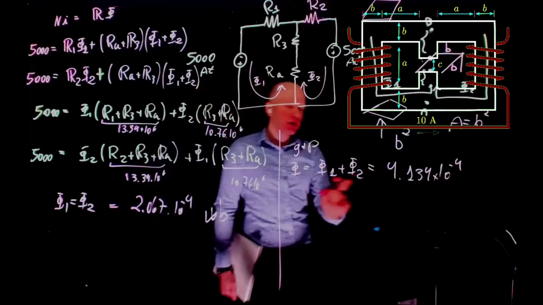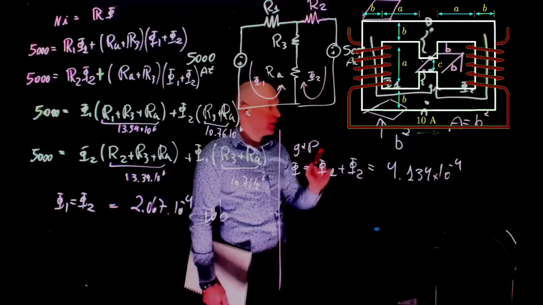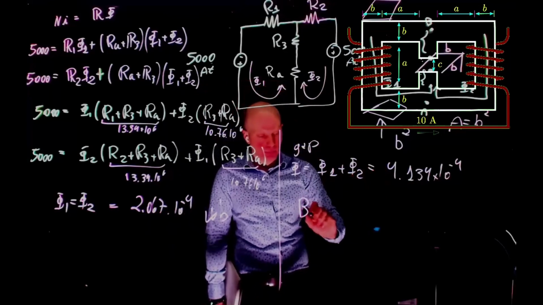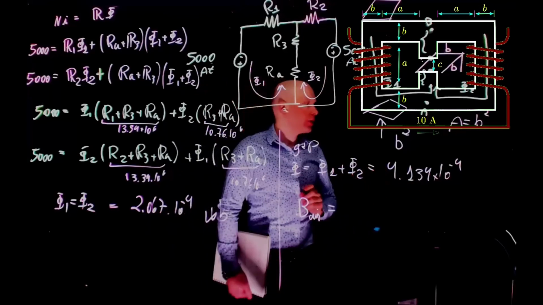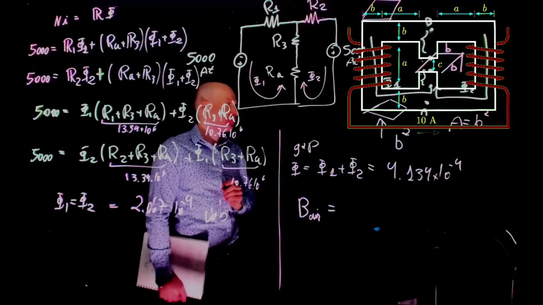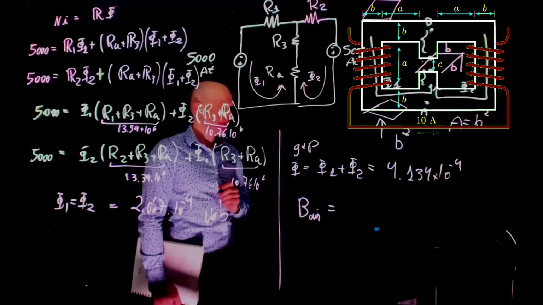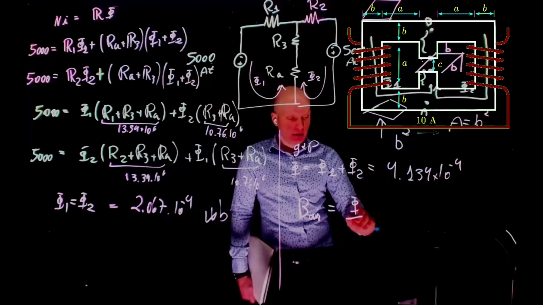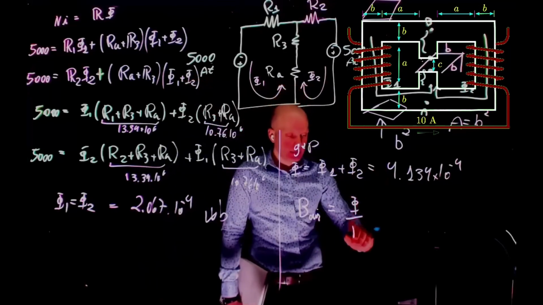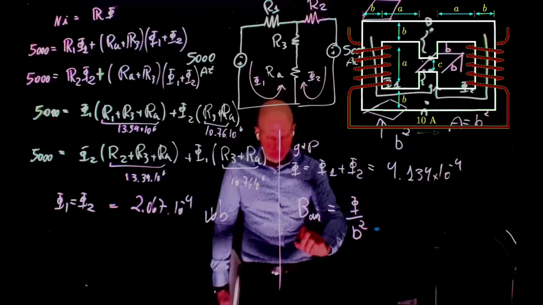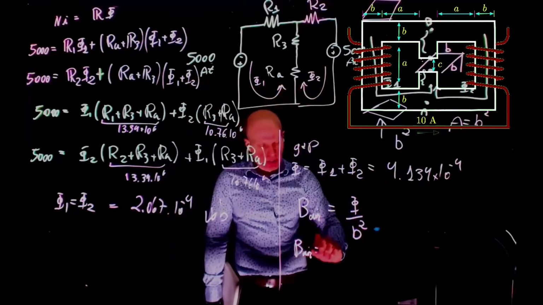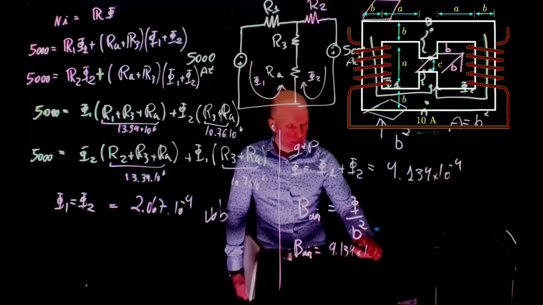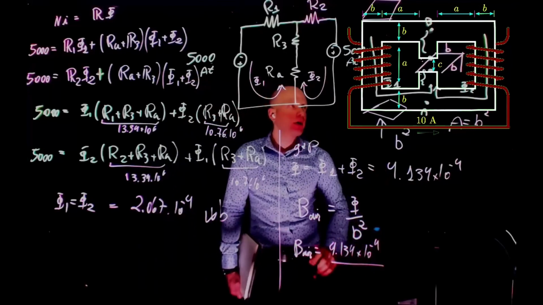The question doesn't ask us for the flux. It asks us for the flux density. So what is the flux density in the air gap? You just divide that by the cross-sectional area? Precisely, just that divided by the cross-section. So it's phi divided by the area, and the area is b squared. So B air equals 4.134 times 10 to the power of -4 divided by b squared.